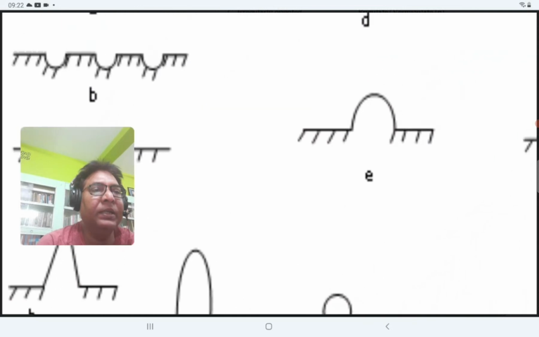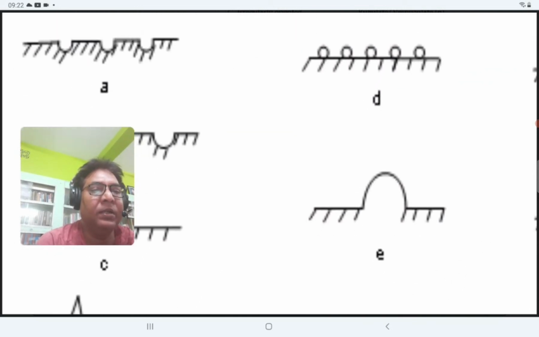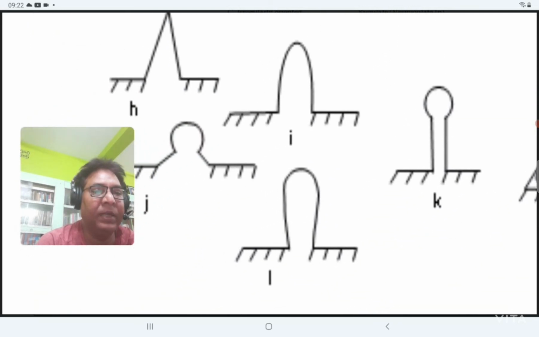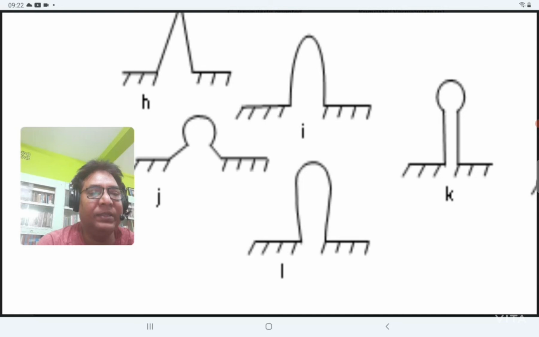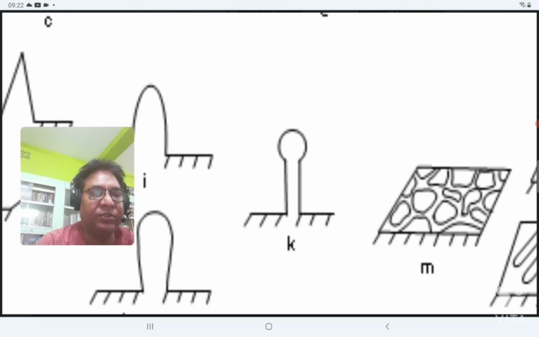So definitely here diagram D means the granulate structure, because the size is less than 1 micrometer, as shown by the smaller size of the rounded structures. This L is clavate, club shaped, and K is pilate structure, stalk with a bulbous head.